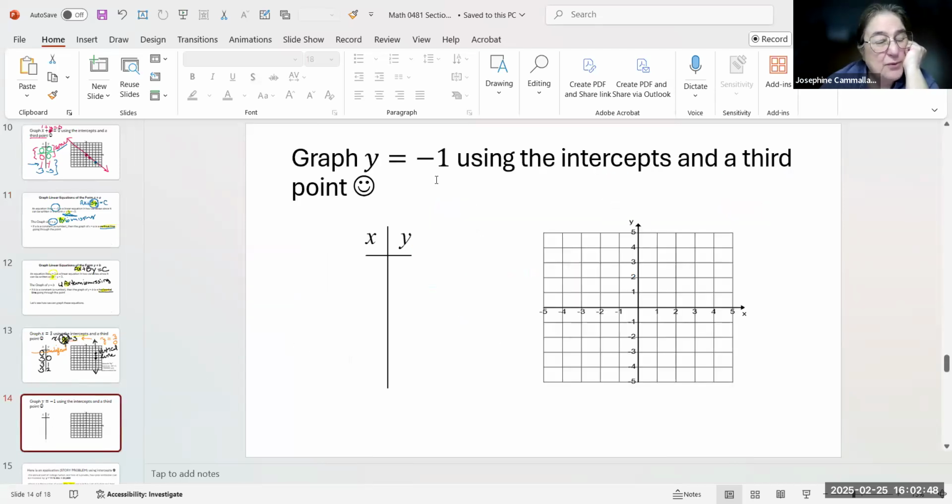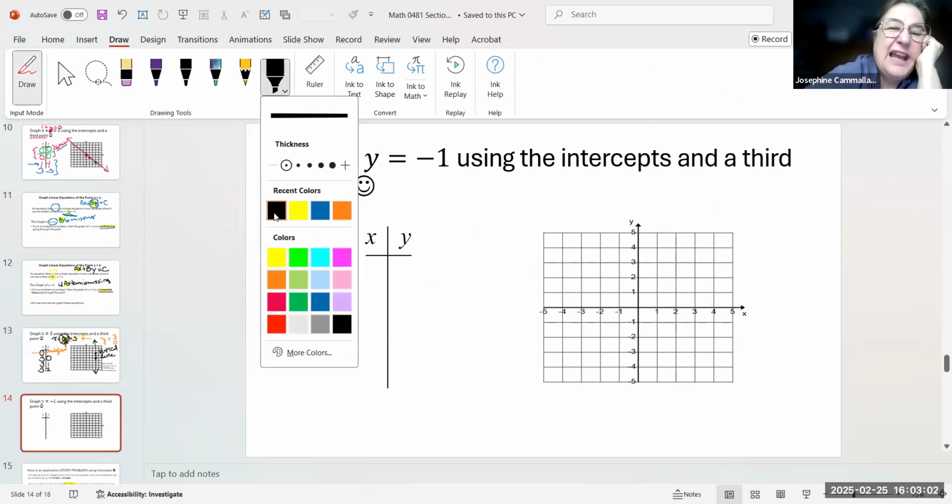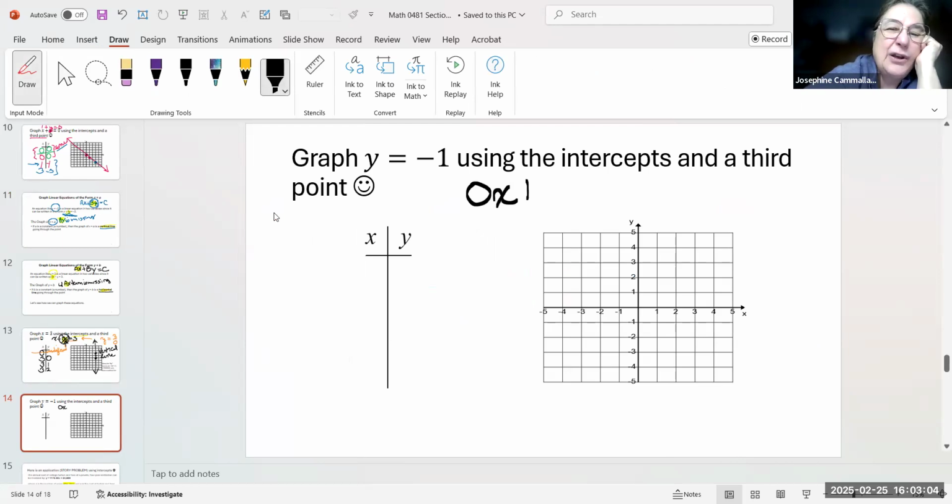Now, notice right here. Again, this is 0x plus y is equal to -1.